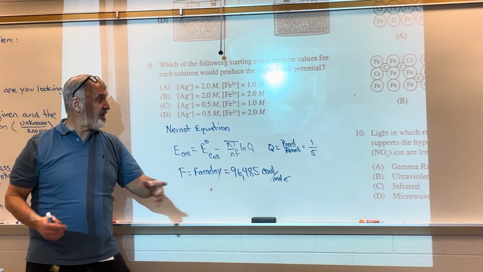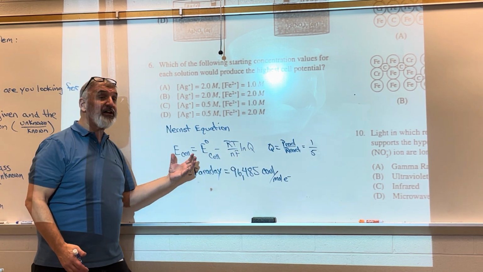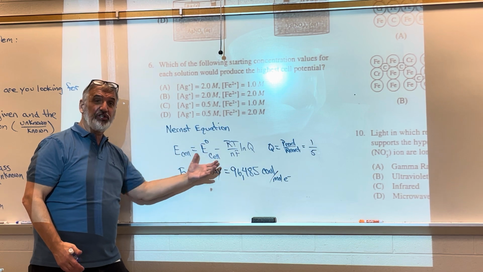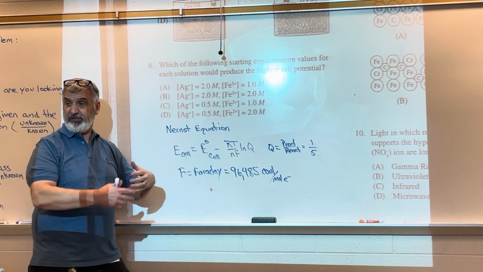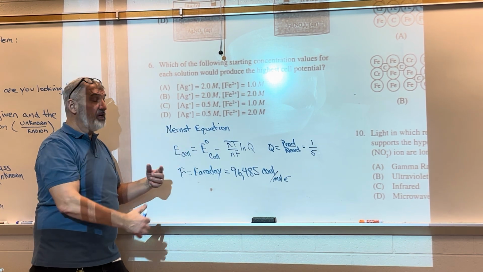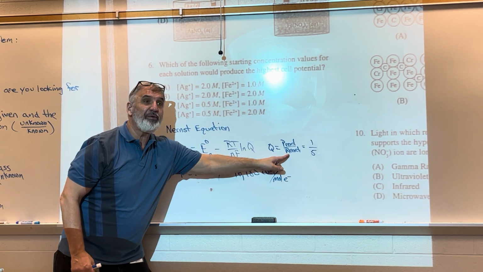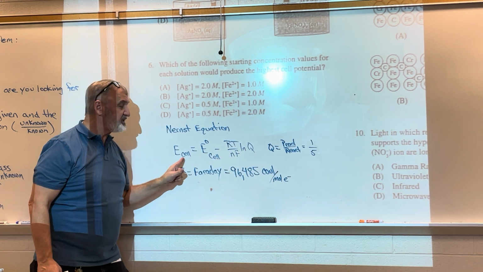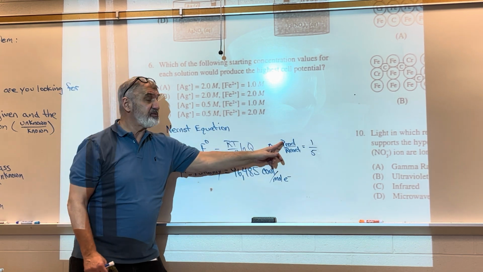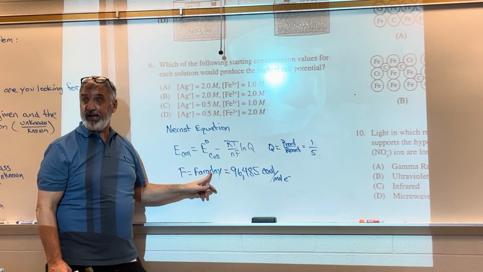So it's all based upon Q. We can figure out those actual values, but they don't really ask you to do that very often anymore. They want it more from a theoretical point of view. So if you have more reactants, your cell potential goes up. If you have more products, cell potential goes down.